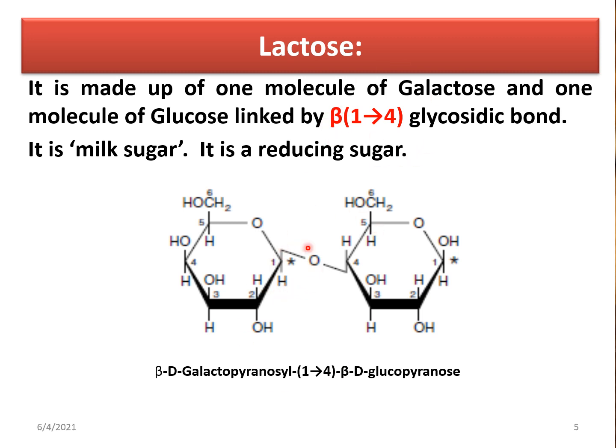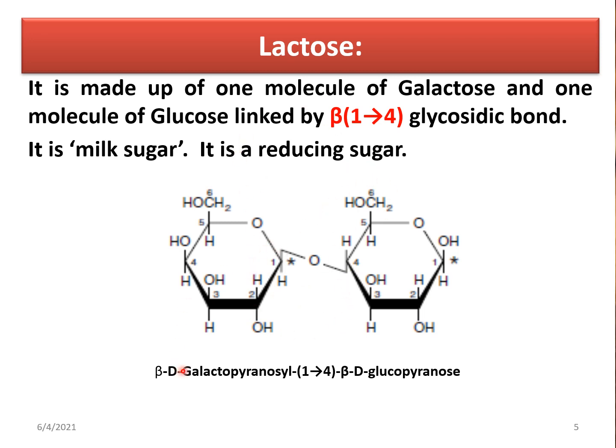It is 1,4 because it occurs between the anomeric carbon of galactose with the carbon number 4 in the glucose. Therefore it is 1,4. Why is it beta? Because the hydroxyl group in the anomeric carbon of galactose lies above the ring. Therefore it is in the beta configuration. Therefore it is beta 1,4.